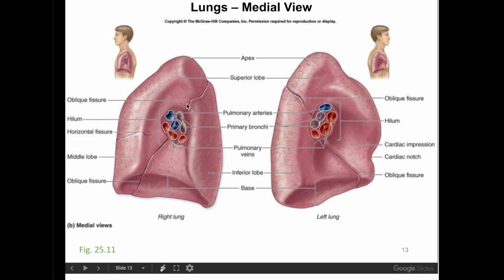So again, the hilum is just an area of the lungs where structures are coming in and out of the lungs. And there's also going to be some lymph vessels in there, but you just need to know the pulmonary bronchi, the veins, and the arteries.